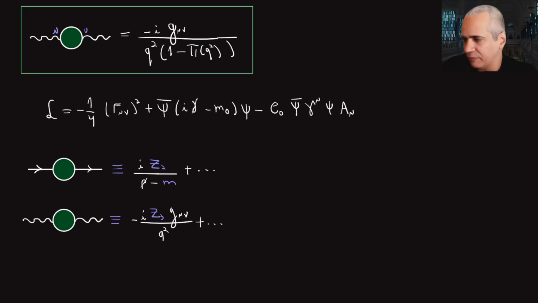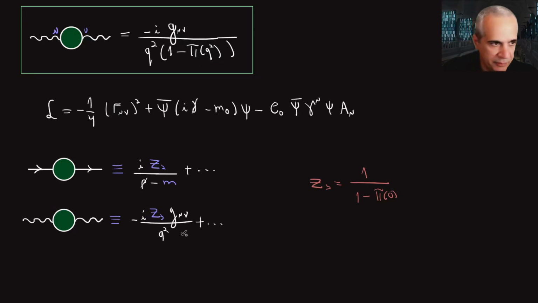In fact, from this analysis right here, we can conclude that Z3 is already calculable in terms of the 1PI contributions near q equals 0. We can see Z3 right there. But for now, let's keep Z3 here. When we need to calculate it, this will be useful.